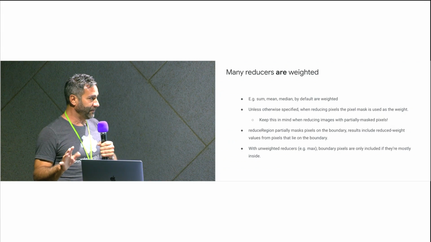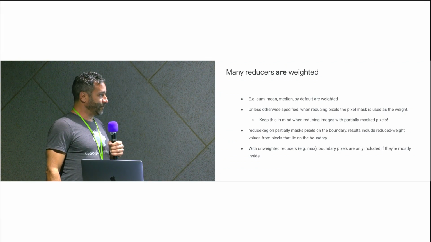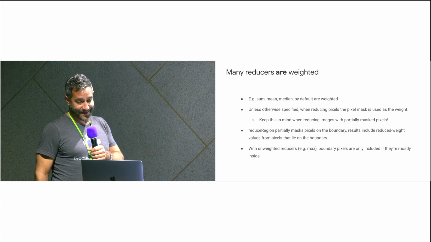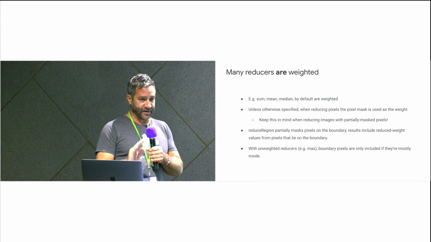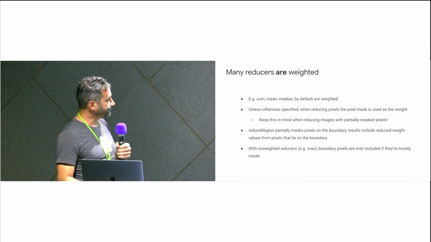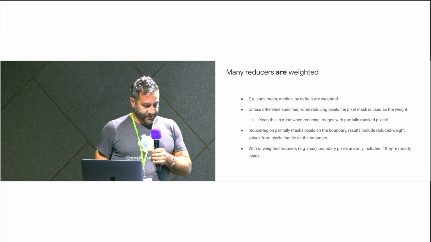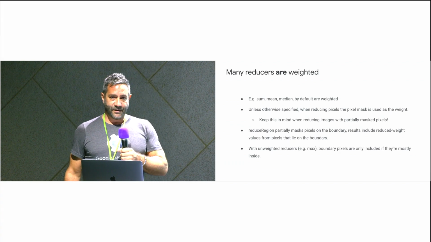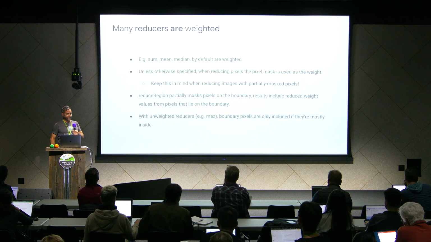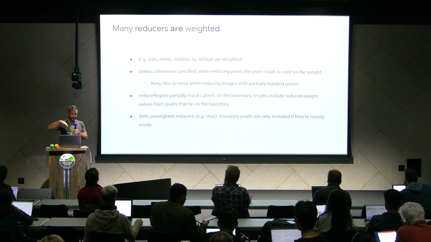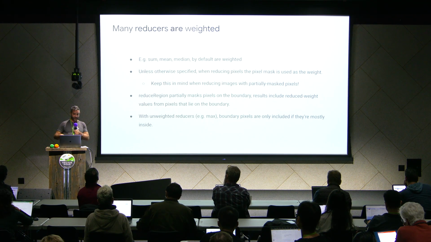You want to be careful about that, just to make sure that you're actually getting the result that you want. Pay attention to the mask of those pixels. The next part here is just what I just explained. The weight of the pixels is set by their intersection with the region, unless you choose unweighted, in which case the pixel is in if the centroid is in and out otherwise.